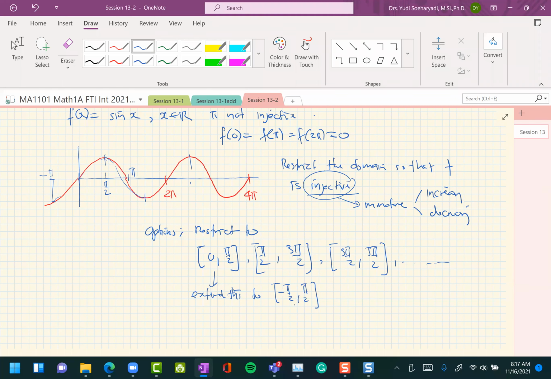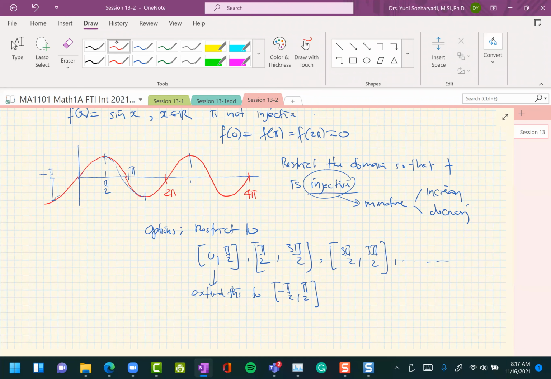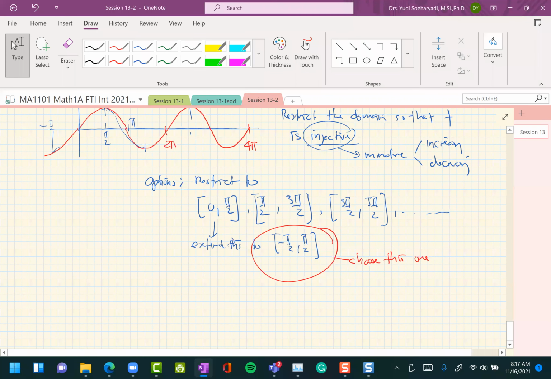So what's the convenient thing? We choose this one. Why do we choose this one? Well, it is symmetric. Symmetric: negative pi over 2 to pi over 2.